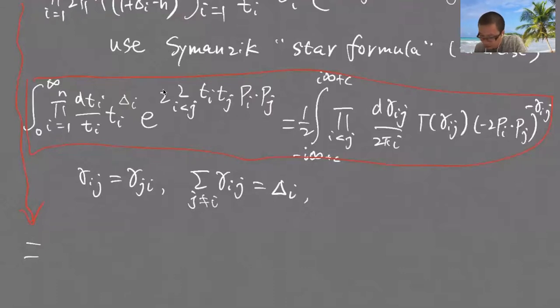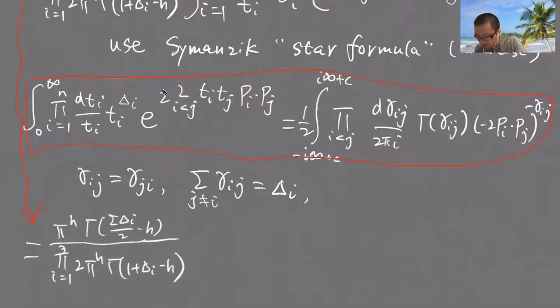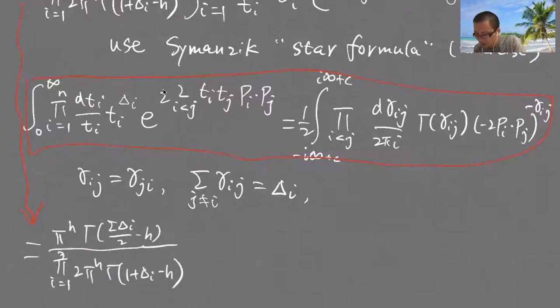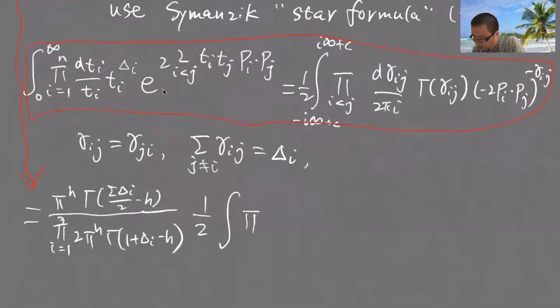Equal to the prefactor times 1/2 integral over gamma, so i is smaller than j, d gamma ij over 2 pi i. So i is smaller than j up to 3, right, in our case.